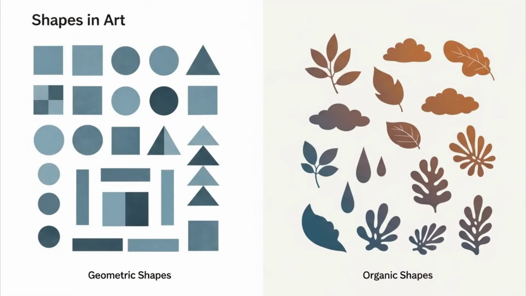Then I'm coming to shape. A shape is a flat, enclosed area formed by lines, colors, or structures. There are two basic types: geometric shapes like squares, circles, triangles, precise and human-made; organic shapes like leaves, clouds, flowing forms, natural and irregular.